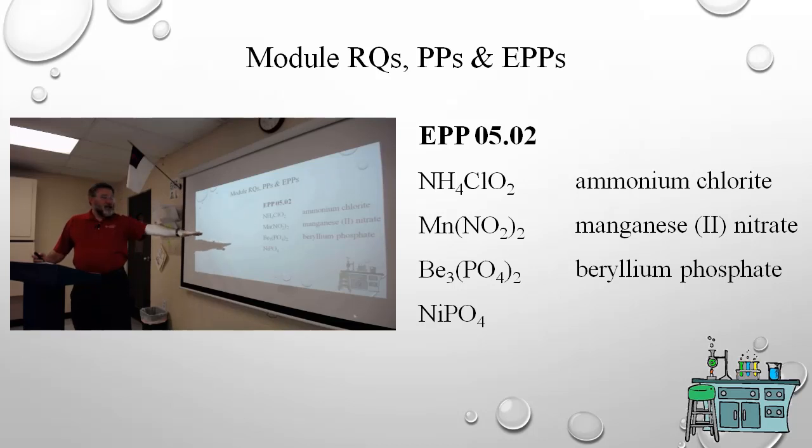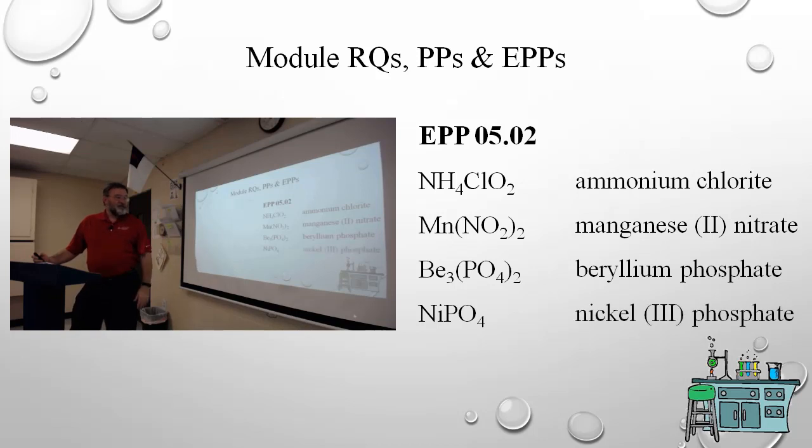But given that it's Ni1PO4-1, what is the charge of the phosphate polyatomic ion? 3 negative, right. We need 3 positive to balance it out, and we only have 1 atom to do that. So it's nickel 3 phosphate.